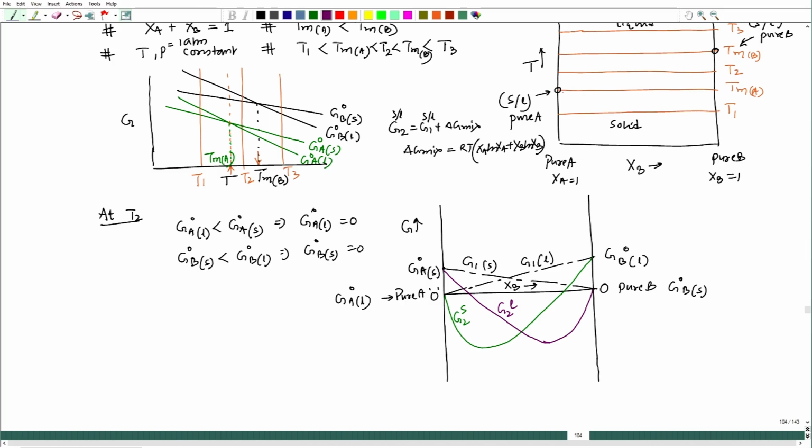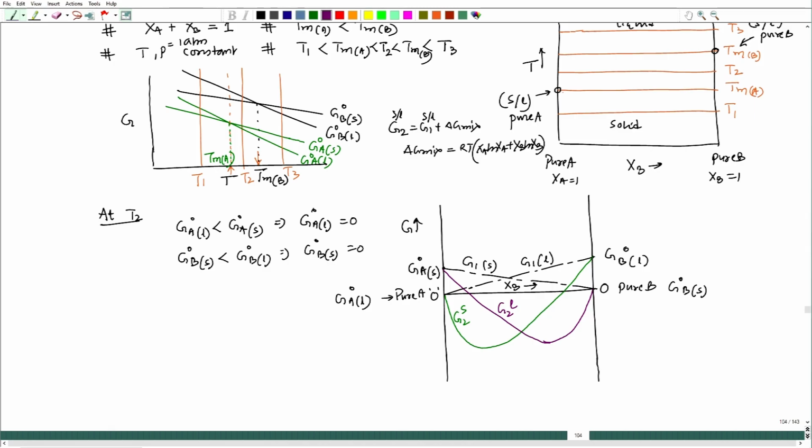Okay. So, now we have to find out the equilibrium between those two phases. We have already understood that the common tangent would allow us to find the equilibrium of two phases in a system, and that would also tell me what are those two unique compositions that are in equilibrium.